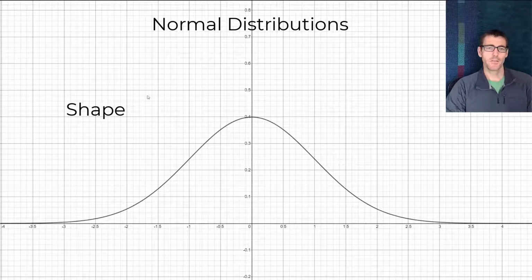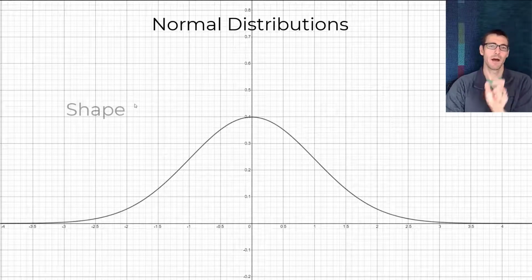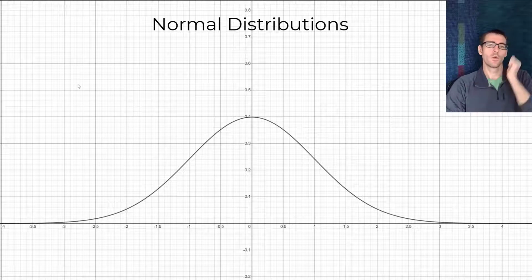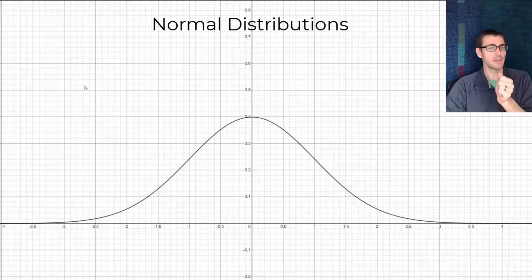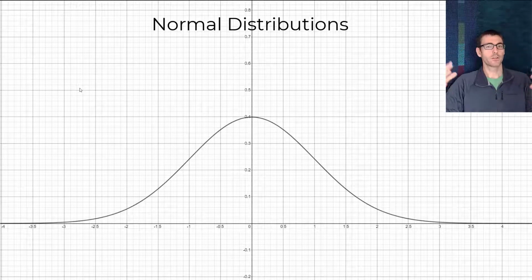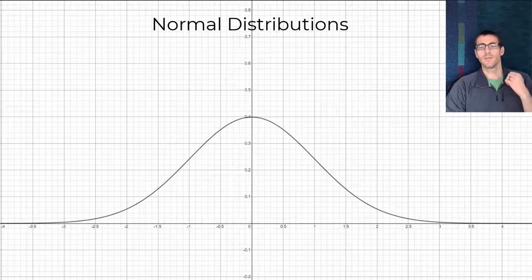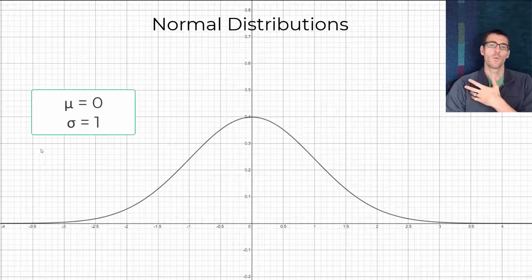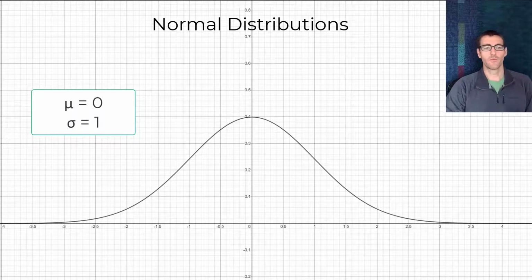A key feature of this normal distribution is that it's characterized entirely by two numbers. Once you specify the mean of the distribution and the standard deviation, the rest of the picture falls into place. As we have it now, this is the normal distribution with a mean of 0 and a standard deviation of 1.